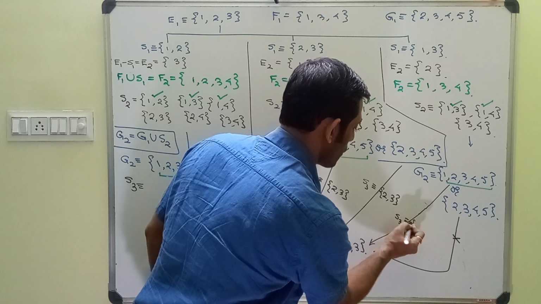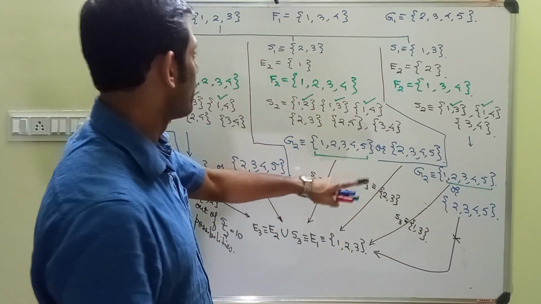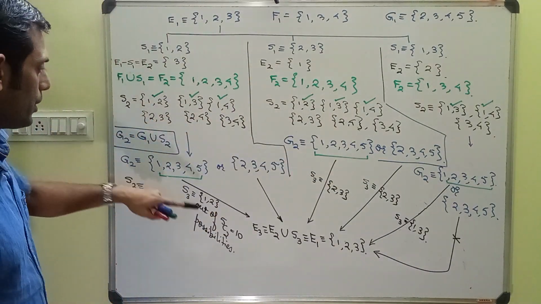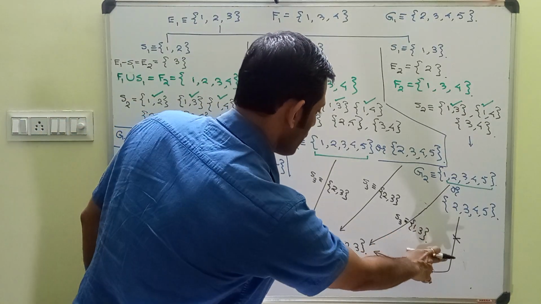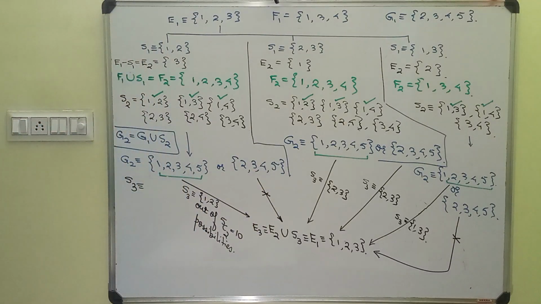Excellent. 1 2 3, 1 2 3, 1 2 3 and then 1 2 3, and that's all. That means I do not have anything here, and then I do not have anything here, that is all.